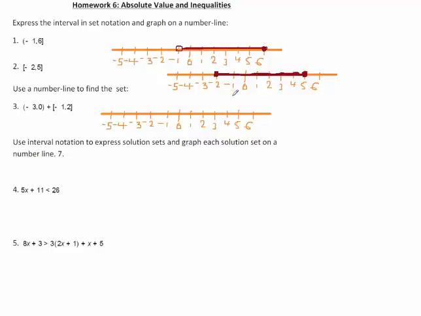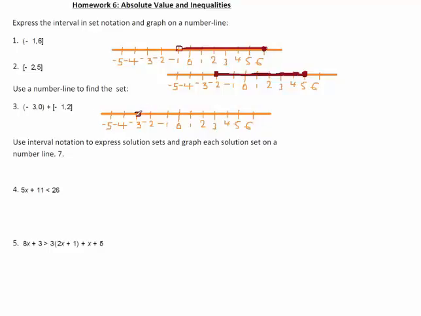Question 3 is slightly more complex, but not really much more complex. We're using a number line to find the set. In other words, to find what is the union, what is the intersection, what is the commonality of these two sets. So let's start with the first one, -3, 0, both parentheses.